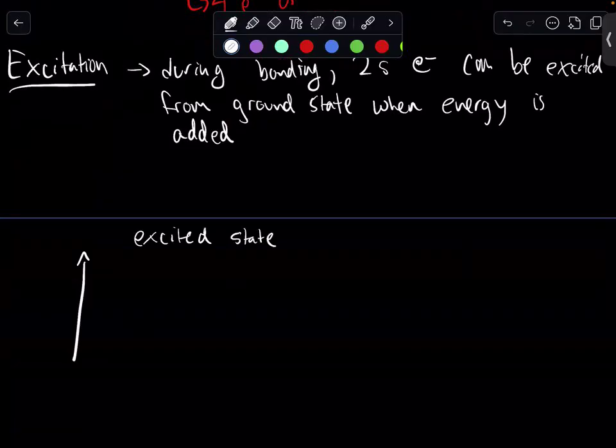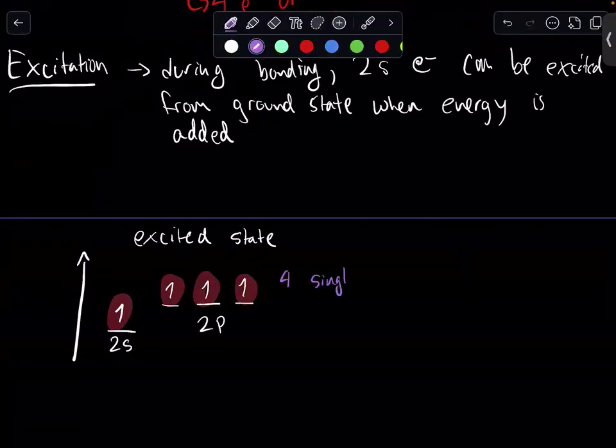I'll just start referring to it as excited, and once again, I'm not going to be drawing the 1s anymore, just the 2s and 2p. So what we get now is an energy level diagram that looks like this. And now we have one, two, three, four singly occupied orbitals.